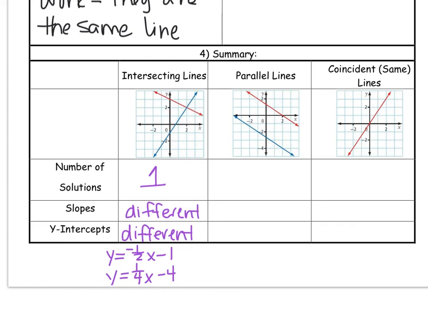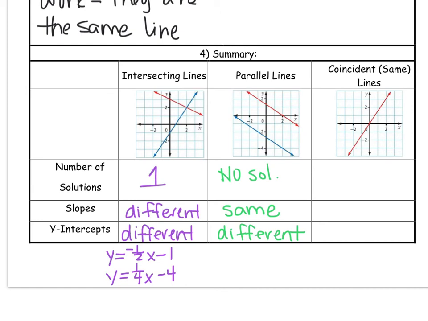Our second type of solution is parallel lines. Parallel lines have no solution, or zero solutions, because they're parallel. The slopes are the same, and the y-intercepts are different.